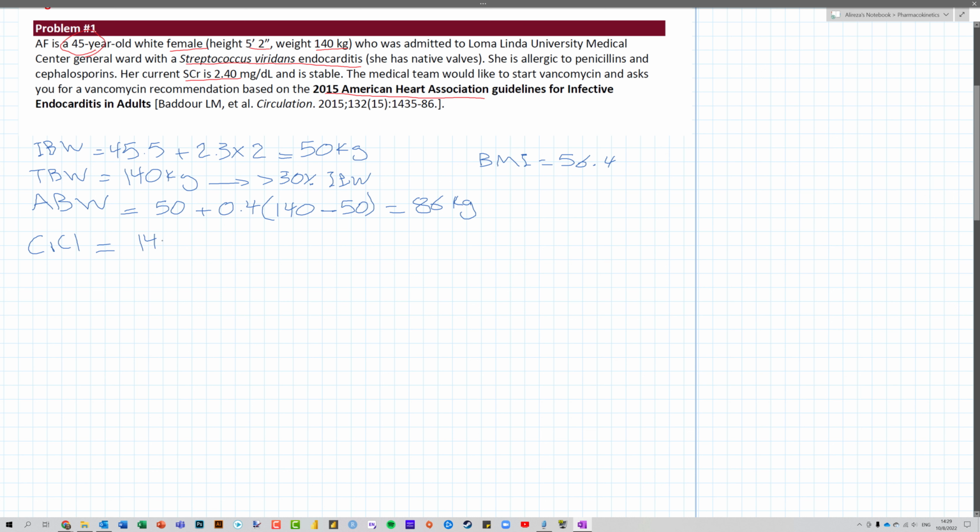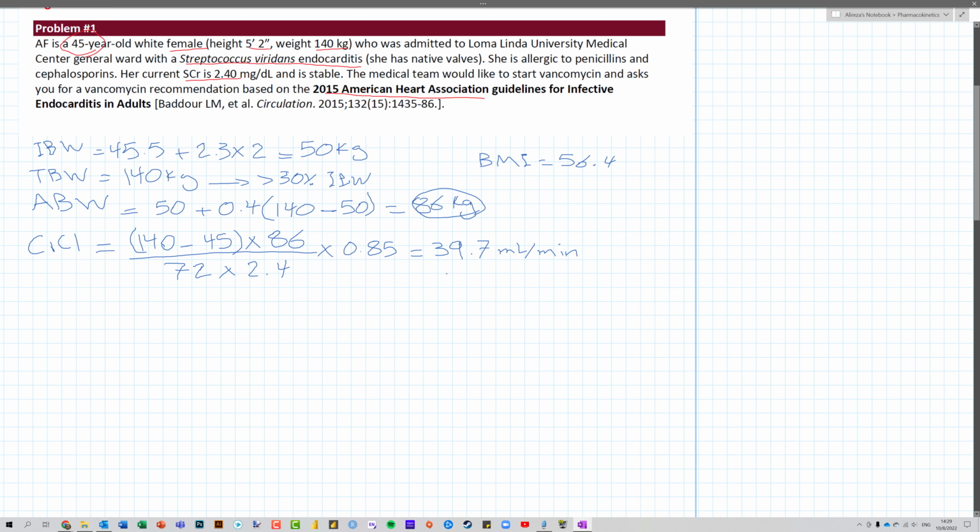So it's 140 minus the age, which is 45 years, times the adjusted body weight, which is 86 kilos, and that's divided by 72 times serum creatinine, which is 2.4, and because this is a female, we multiply by the female factor 0.85, which will give you 39.7 mL per minute.